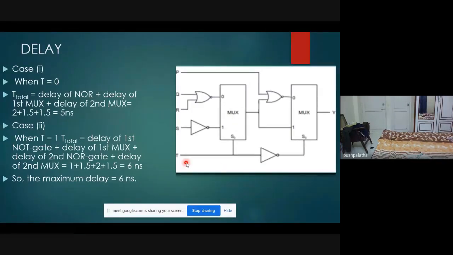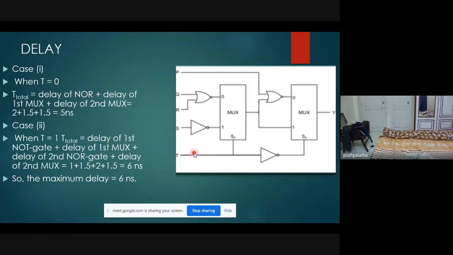When I give 1, obviously here it is 0, so the selection line will select only the particular input which is connected with the NOR gate. So delay of first NOT gate plus delay of first mux plus delay of second NOR gate plus delay of second mux. Understand? Right? I am taking t equal to 1.